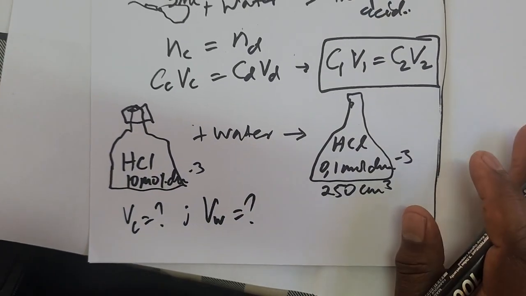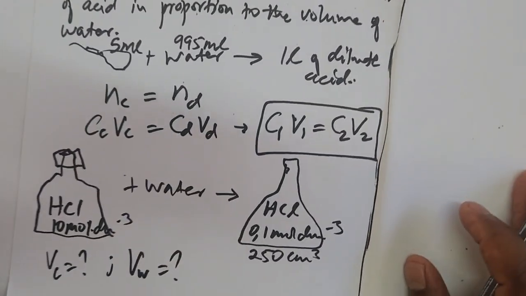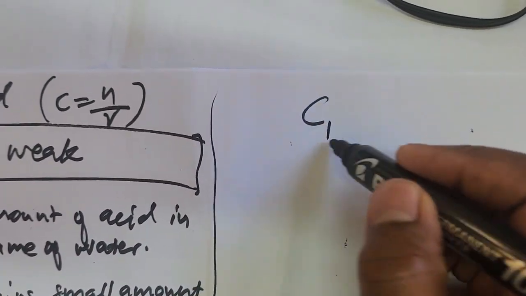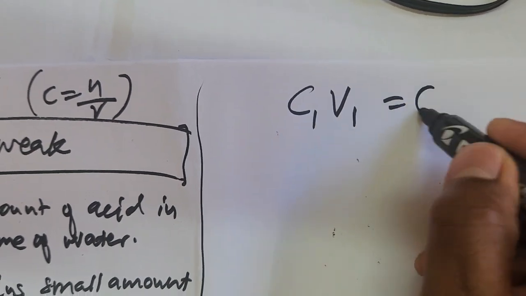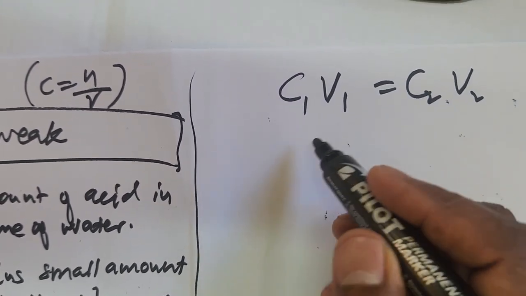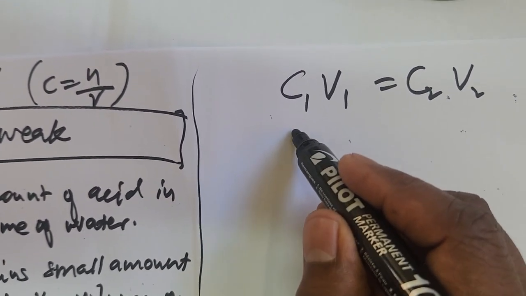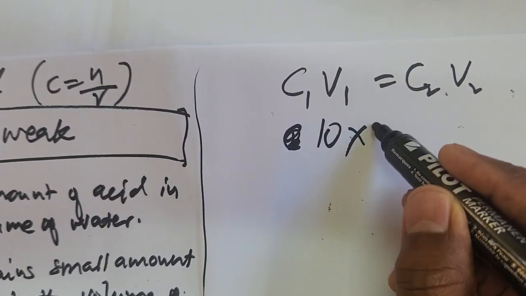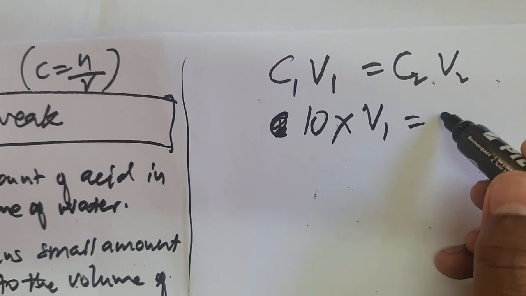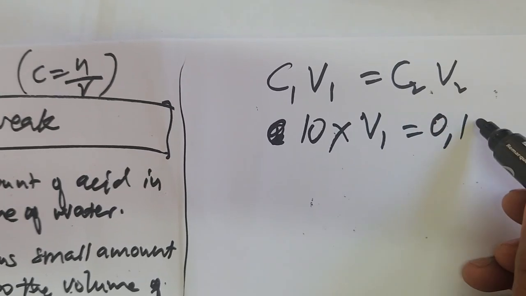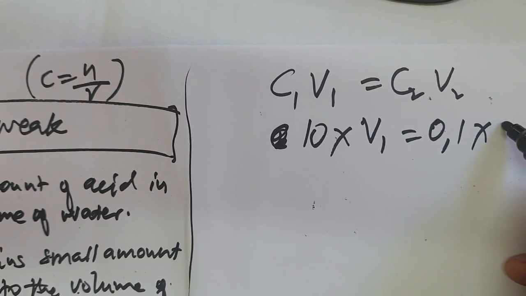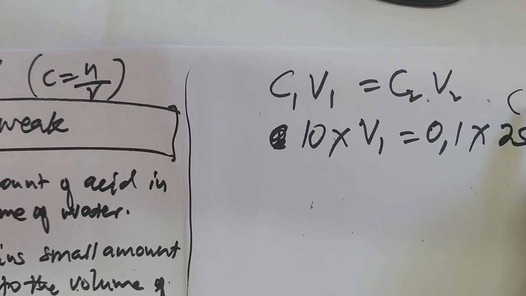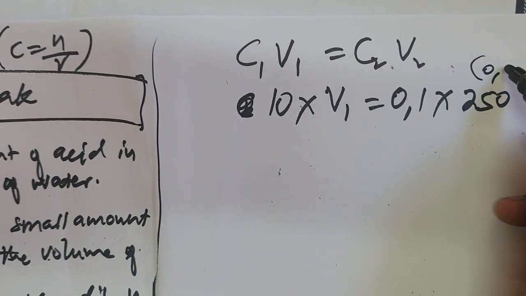In order to deal with this one, you go to the same formula: C1V1 equals C2V2. C1 we know is 10, V1 we don't know, C2 we know is 0.1, multiplied by 250, or you can write 0.25.